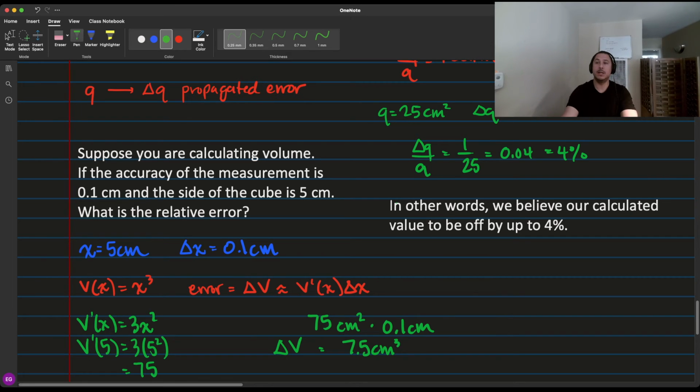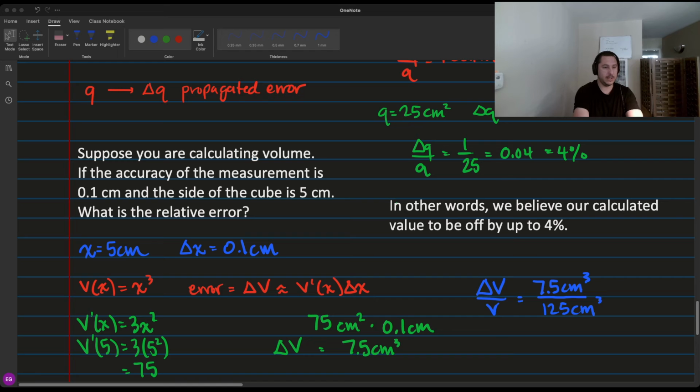So according to this, my volume could be off by as much as 7.5 cubic centimeters. Now what we want is the relative error. The relative error is going to be the amount that my error is over the actual volume. So you get 7.5 cubic centimeters divided by the volume, which is 5 cubed, which is 125, right? 5 times 5 times 5 is 125. So we have calculated our volume as 125 cubic centimeters, and we think that we could be off by as much as 7.5 cubic centimeters.